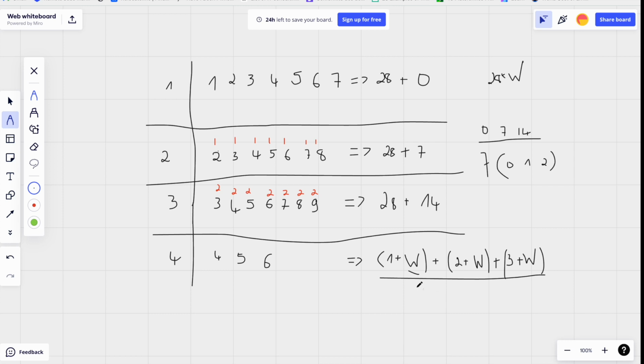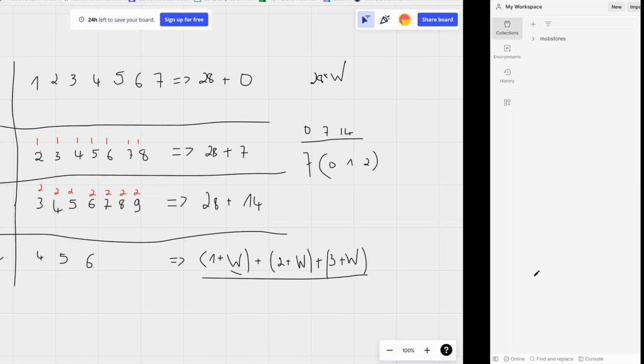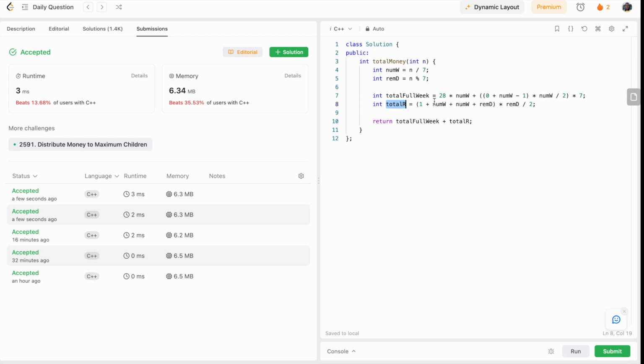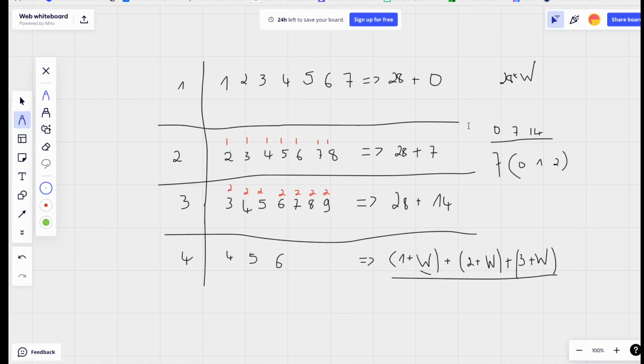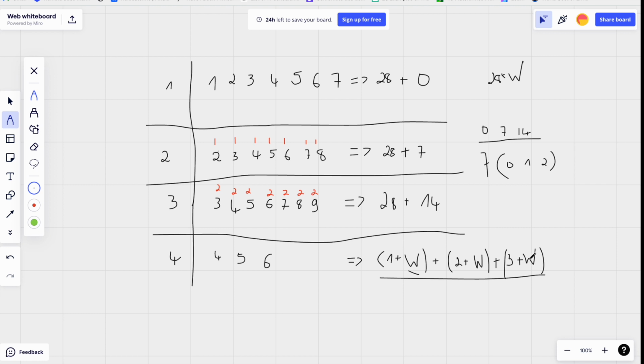And for you to have the total value, you can just reuse this. The first element is 1 plus the number of weeks. The last element is the number of remaining days plus the number of weeks, and the number of elements is the remaining days.